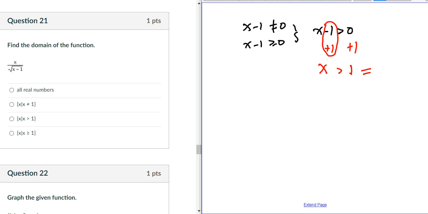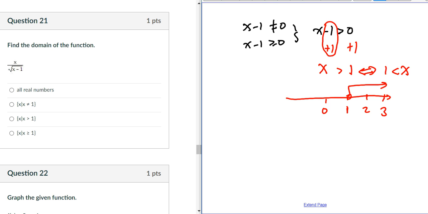Again, I like to write 1 less than x, because if here is 0, here is 1, 1 is not included, it's a circle, and it's all the points to the right. x greater than 1, that will be 2, 3, 4, so all the values to the right.